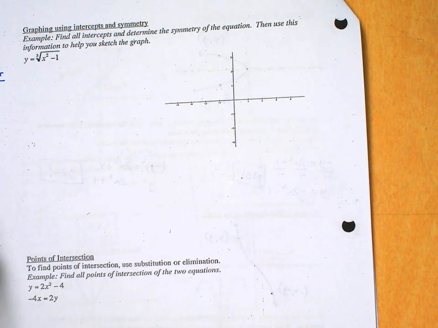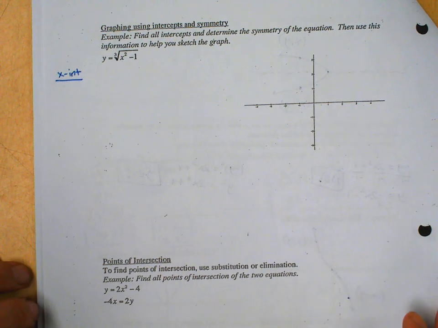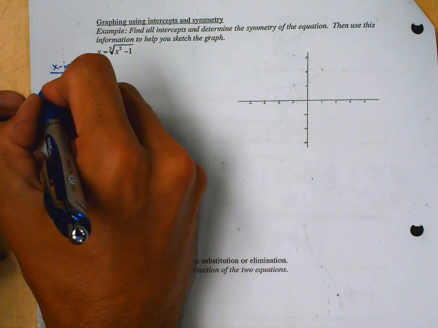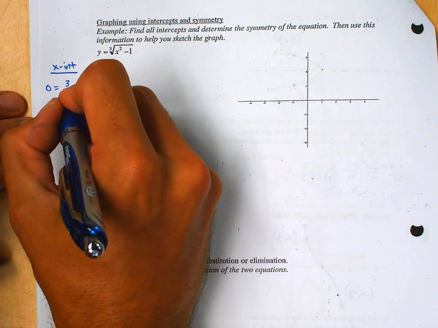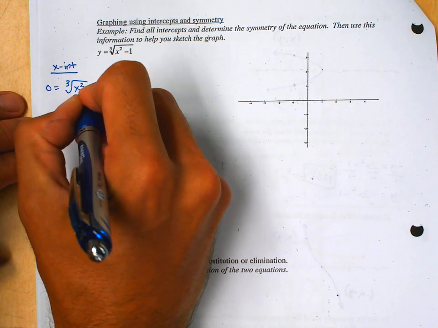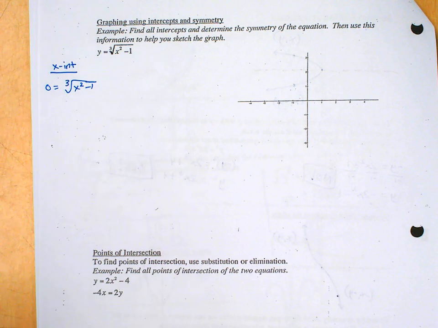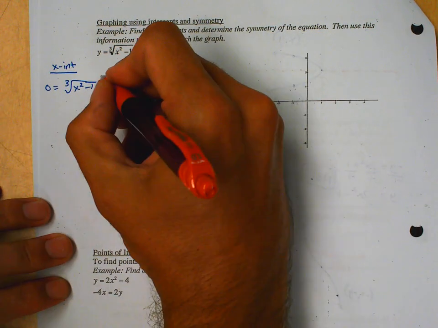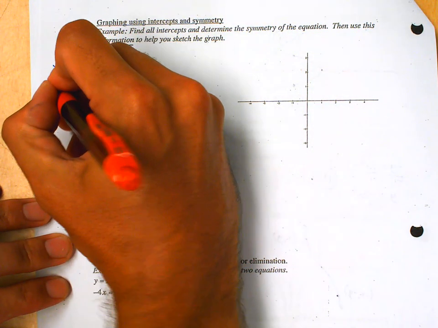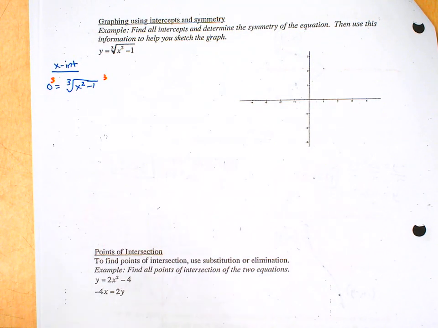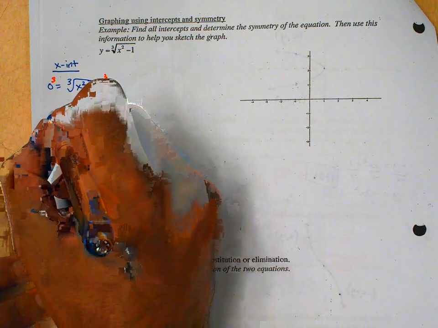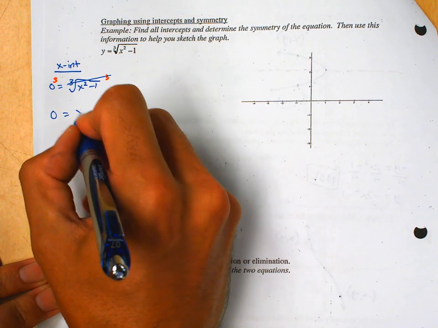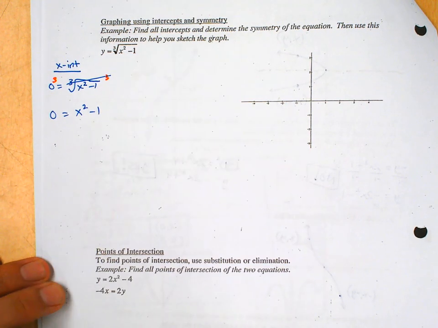X-intercepts, we set y equals 0. So 0 equals third root of x squared minus 1. So to undo the third root, we take the power of 3, and whatever you do to one side, you have to do to the other side. So 0 cubed is 0 equals, and those cancel, x squared minus 1.